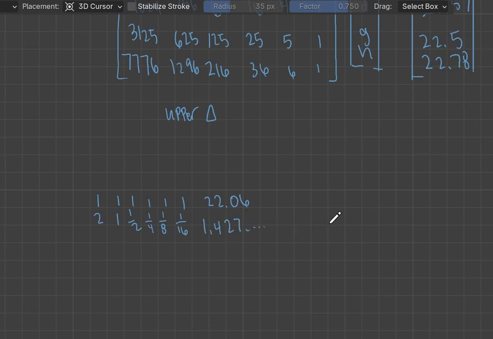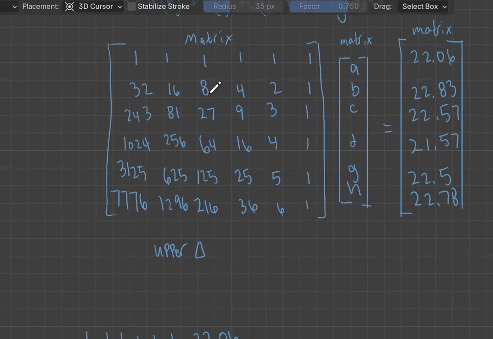It goes on, but it's pretty close to that. So that takes care of the first row and the second row.